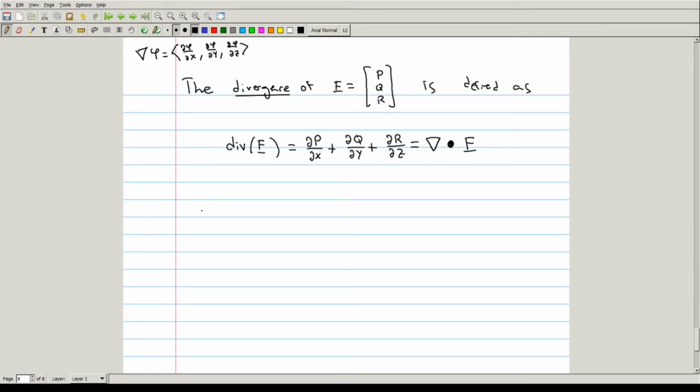So we can consider the operator del to be defined by the x partial derivative in the first component, the y partial derivative in the second component, and the z partial derivative in the third component.